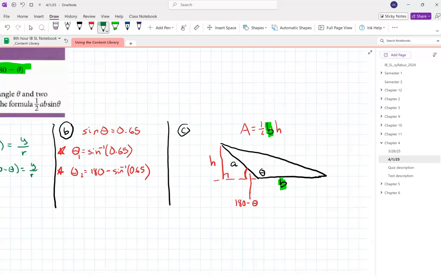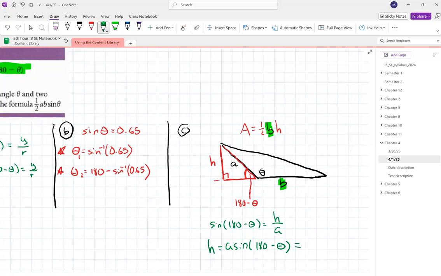So what I can say now is I can find H, right? Because this guy in red is a right triangle. So I can say sine of 180 minus theta equals opposite over hypotenuse, or that H is equal to A times sine of 180 minus theta.